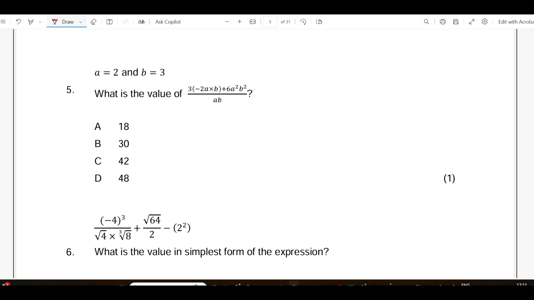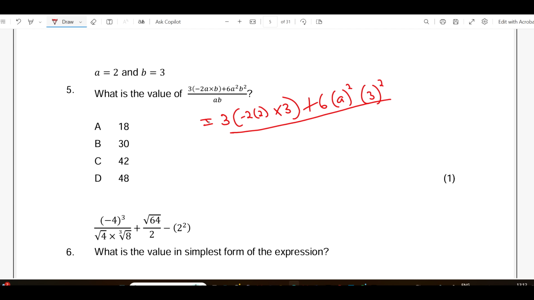One thing you need to do: where there is a, you put 2, where there is b, you put 3. Let's calculate. It's going to be 3, negative 2 times b, which is 3, plus 6a squared b squared, divided by 2a, b is 3.